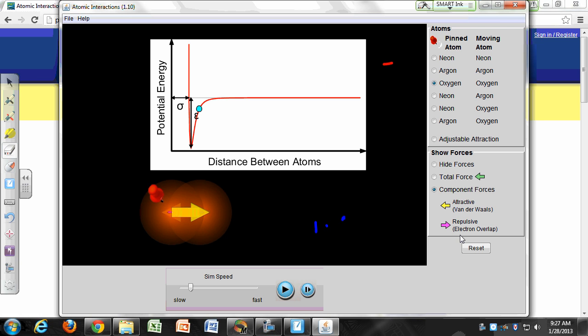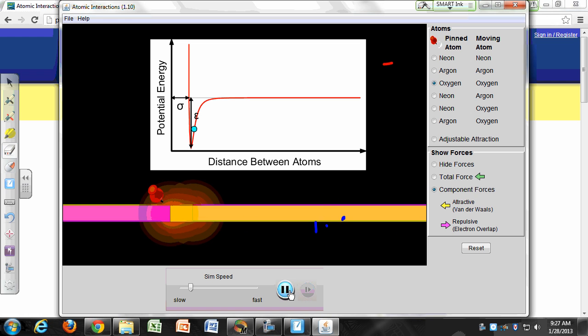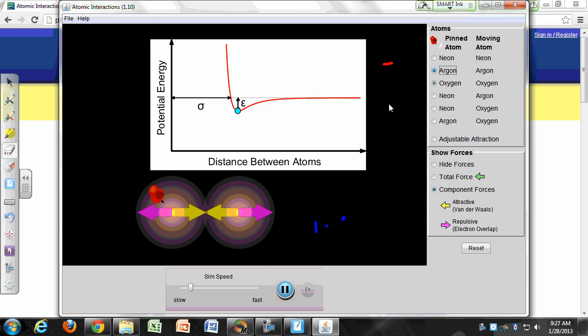Electron overlap represents the repulsion caused by crowding electrons into a smaller volume. And there are actually repulsive forces involved there also between the nuclei. But this is just showing you the electron overlap repulsions. This might show better with argon. See?